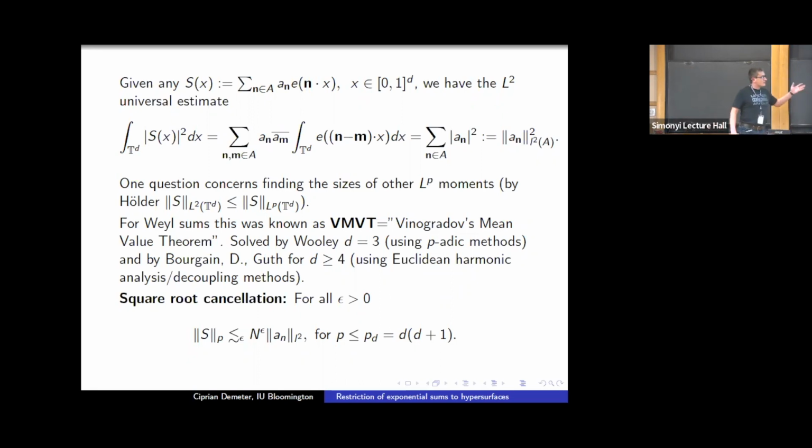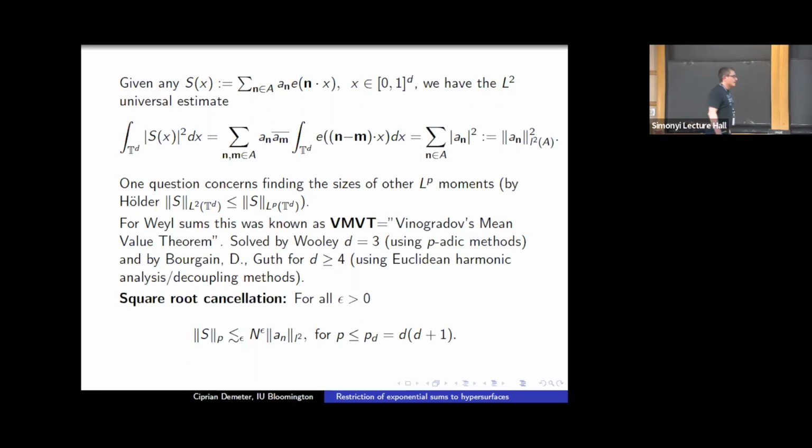So anyways, what does the result say? The Vinogradov mean value theorem, as it's known these days, says that there is square root cancellation in norm, namely for every p between 1 and this critical exponent p_d, which is d times d plus 1, for every such p, the L^p norm is in fact comparable, up to n^epsilon losses, to the L2 norm, and the L2 norm is right here.